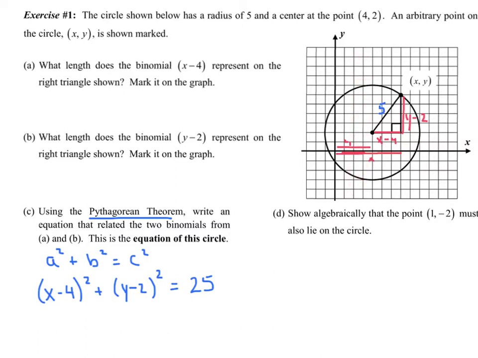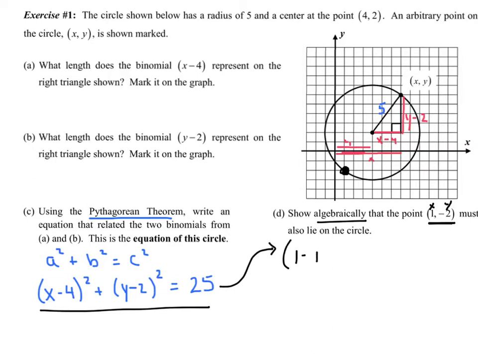The next thing they want me to do is show algebraically that this point, 1 comma negative 2, which is right there, actually lies on the circle. But we got to do it algebraically, not graphically. So I'm going to substitute the 1 in for x and the negative 2 for y into this equation I just wrote. So let's bring it up here.